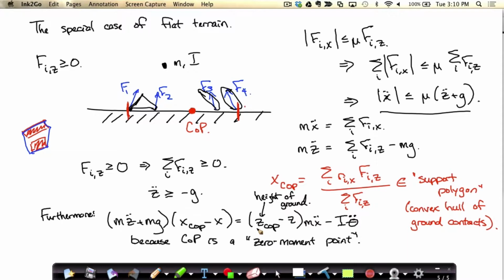If I know my center of pressure, that implies something about my center of mass acceleration. If I know my center of mass acceleration, that implies something about my center of pressure acceleration. That's maybe not surprising, but for me it's surprising that a single quantity on the ground can tell me about the dynamics of my center of mass.